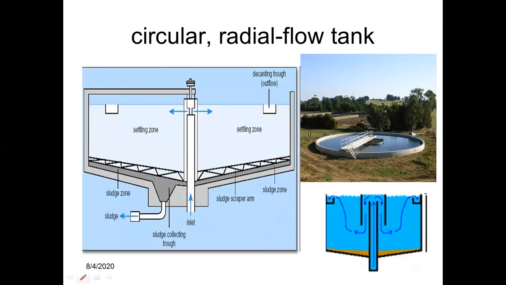Here you can see the wastewater enters from the bottom of the tank through this middle pipe, and there is a distributor also. And these are called overflow channels, where clarified water goes out.